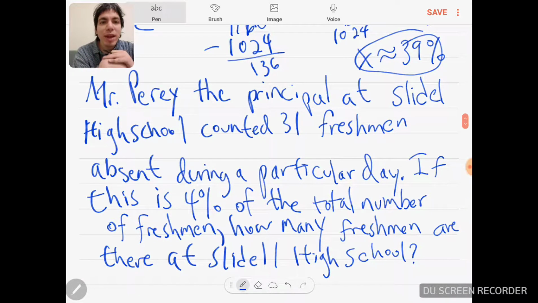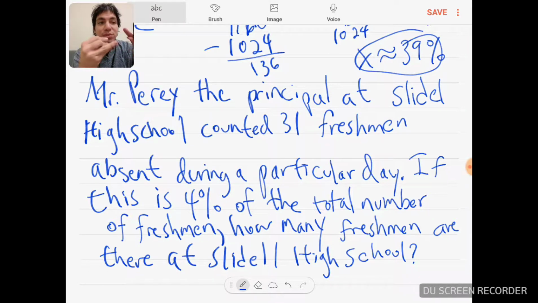So Mr. Perry, the principal at Sedell High School, counted 31 freshmen absent during a particular day. If this is 4% of the total number of freshmen, how many freshmen are there at Sedell High School? One more time.